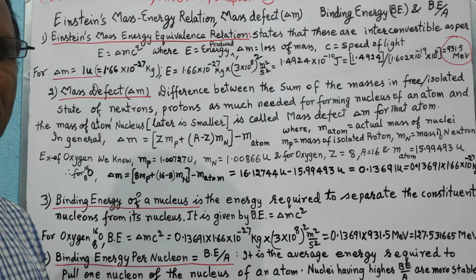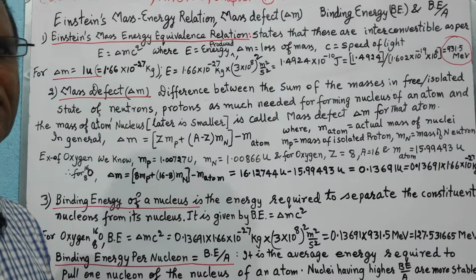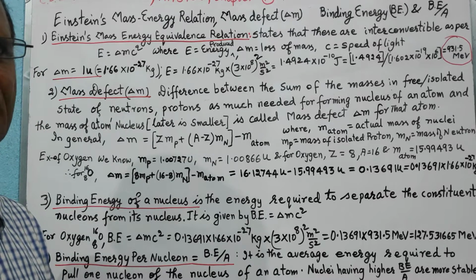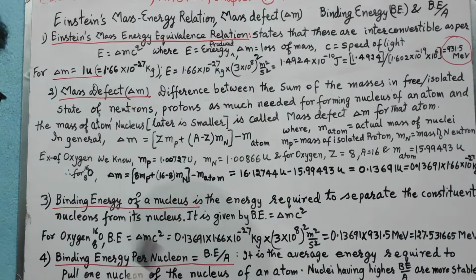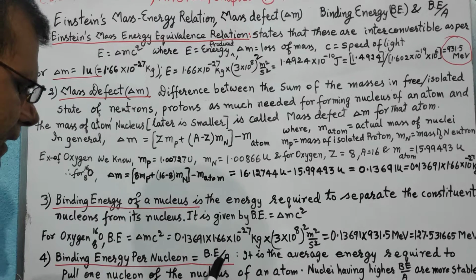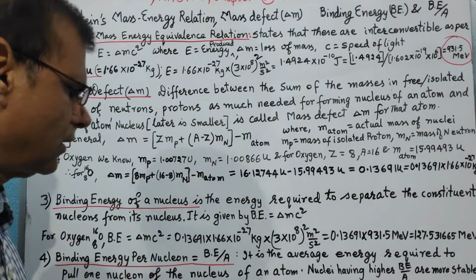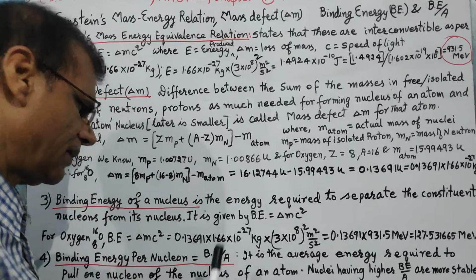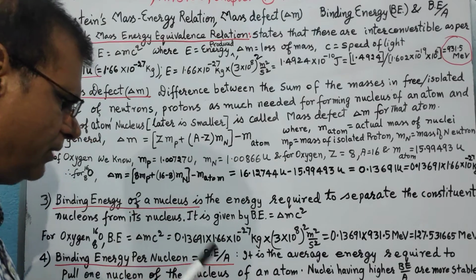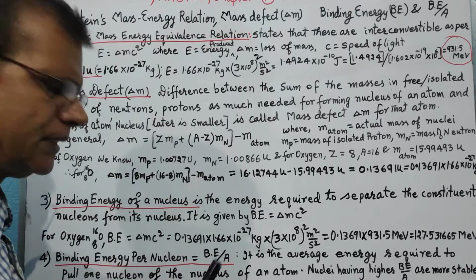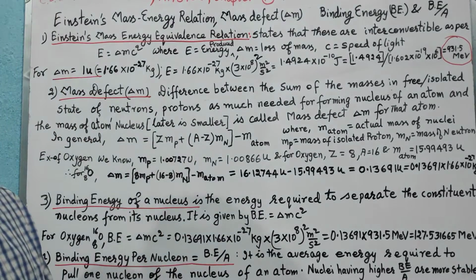It is equal to the average energy required to separate a nucleon from its nucleus. So binding energy is the total energy required to separate all the nucleons, and there are a number of nucleons. So binding energy per nucleon will be the total binding energy for a given nucleus divided by the total number of nucleons present in the nucleus.